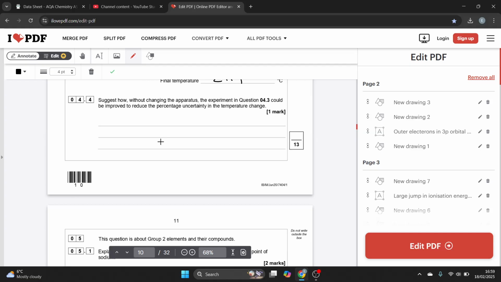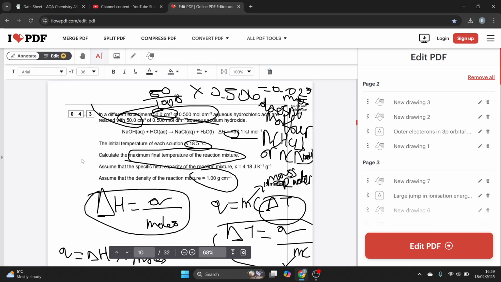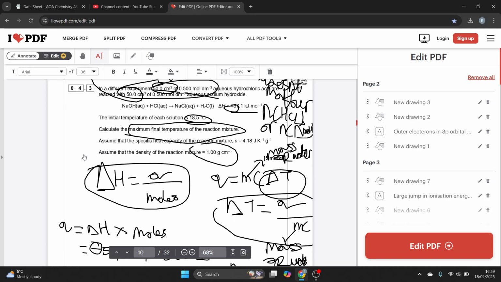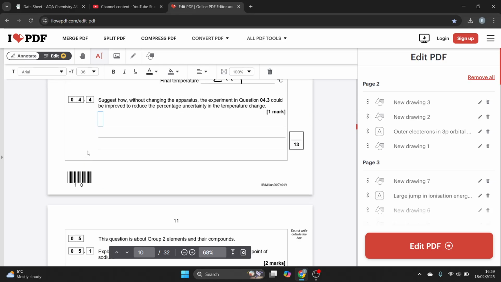Suggest how, without changing the apparatus, experiment question 4.3 could be improved to reduce the percentage error in the temperature change. Now, normally this is about using a larger mass of solid, or a larger mass of fuel, so the temperature change is greater, reducing the percentage error.